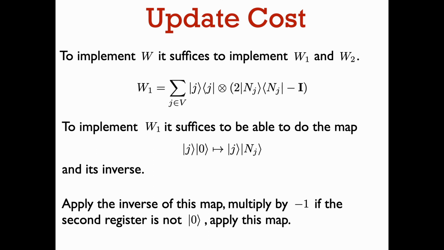If we can do this, then to implement W1, we can simply apply the inverse of this map, multiply the phase by -1 if the second register is not 0, and then apply the map again. So this is a useful formulation to help compute the update cost. In particular, from this we can see that the update cost in the case of the walk on the Johnson graph is just 1.